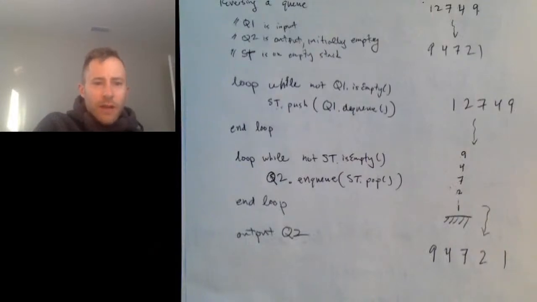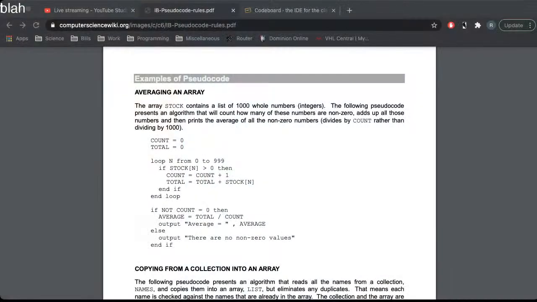If you look at that document that I told you about, it has a couple of examples that you can take a look at if you're not understanding this lesson.